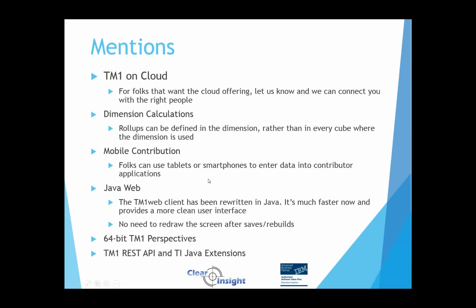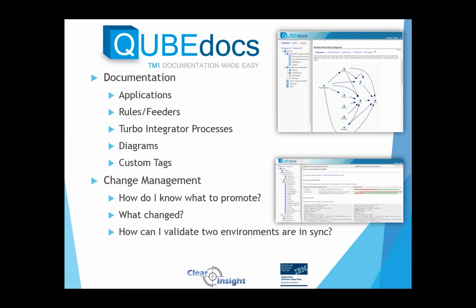With Cube Docs, you can do version comparison of your documentation, and it'll tell you exactly what's different between two environments from a structural perspective. That can be very handy to give you peace of mind that the promotion was done successfully, everything's in sync, or maybe you missed something. Or, on the other side, maybe we've been making changes in dev and aren't sure what we need to promote.